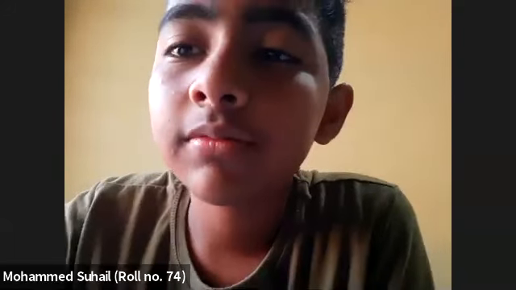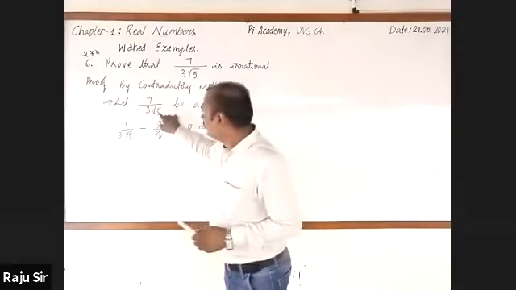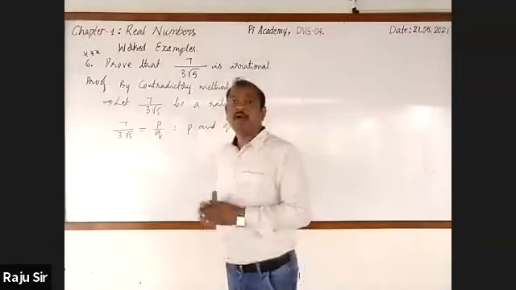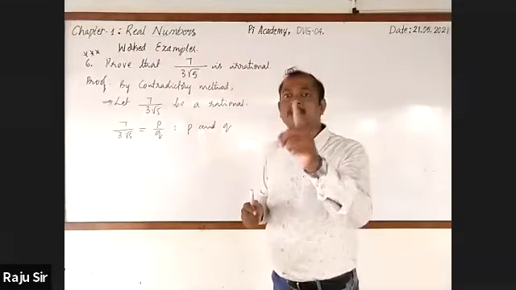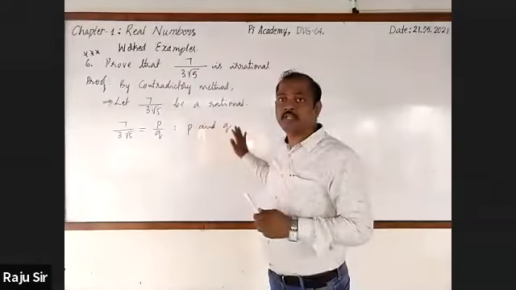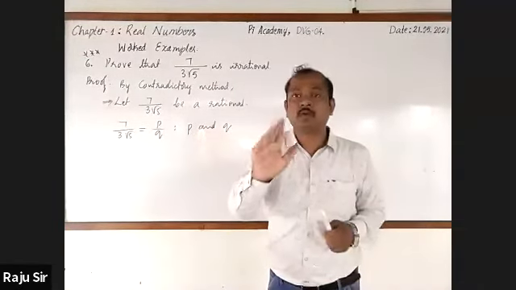Why should we take rationals? Because with root 5 we have a coefficient. Very good. With root 5, we have a coefficient that is 3. I told you, if there is coefficient 1, then you go for taking P and Q as co-primes.